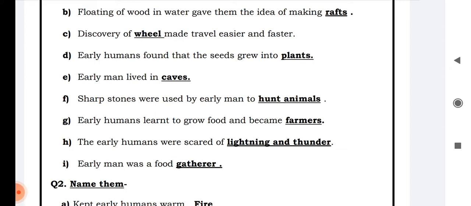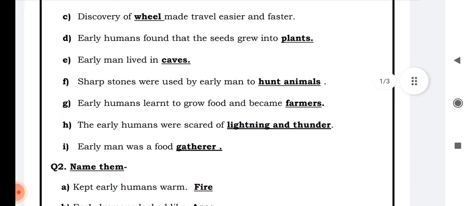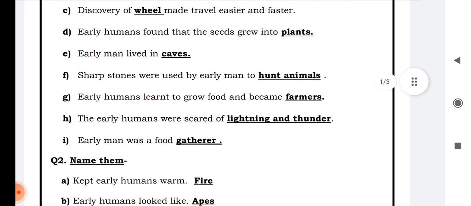So floating of wood gave the idea to whom? To the early man. And what did they make? Rafts. C. Discovery of wheel made travel easier and faster. So here the dash is about wheel.